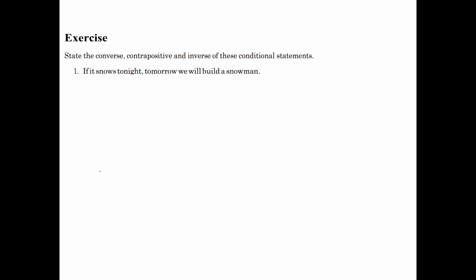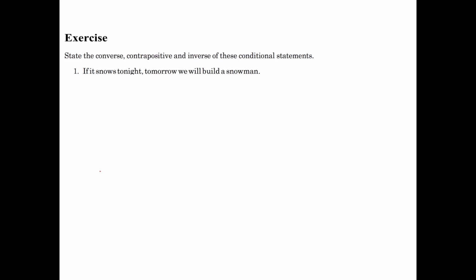Okay, last exercise for this recitation. State the converse, contrapositive, and inverse of these conditional statements. If it snows tonight, tomorrow we will build a snowman. Well, step one, we need to find our P and Q, or Z and X, or whatever.